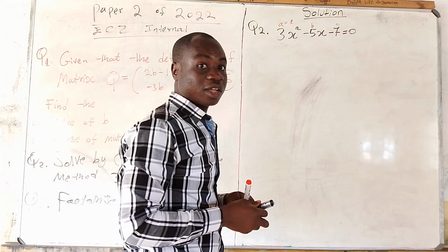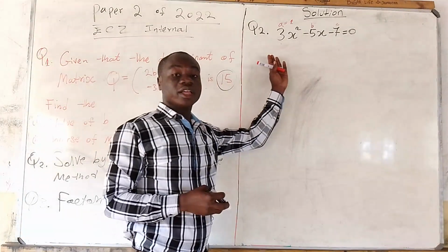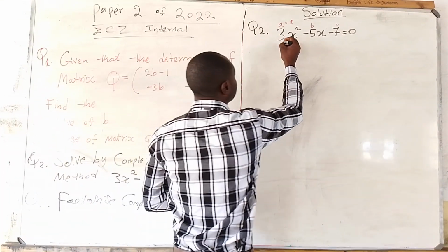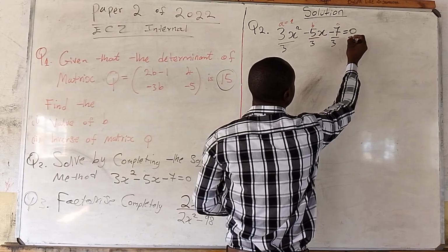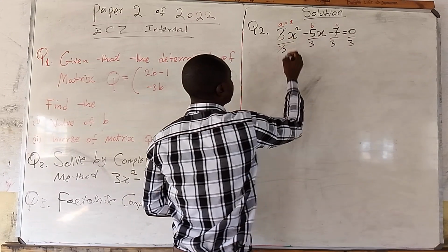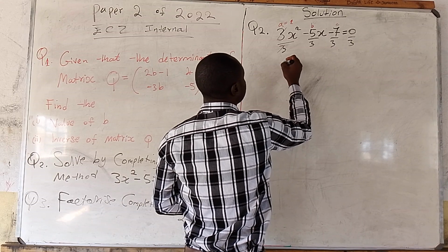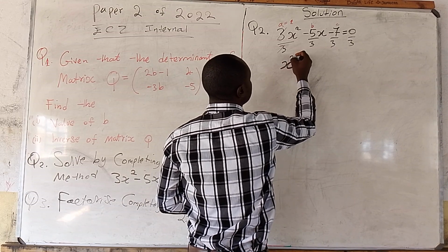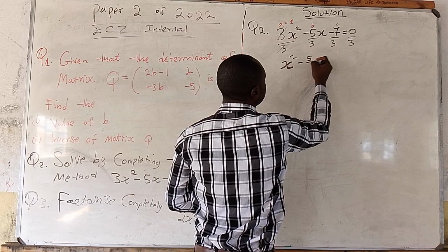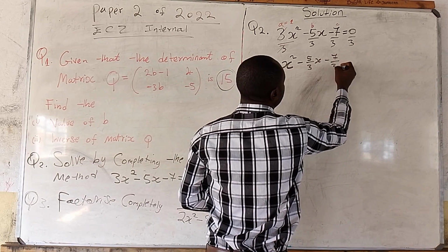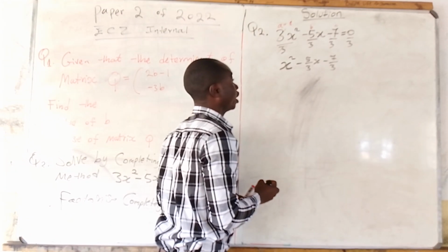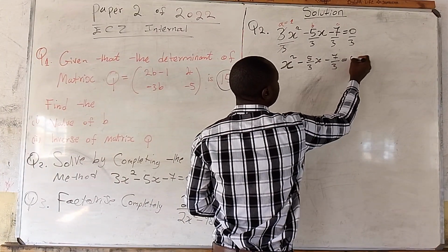How do we do that? We divide through by 3. If you do that, this will give you x squared minus 5 over 3 x minus 7 over 3 is equal to 0.